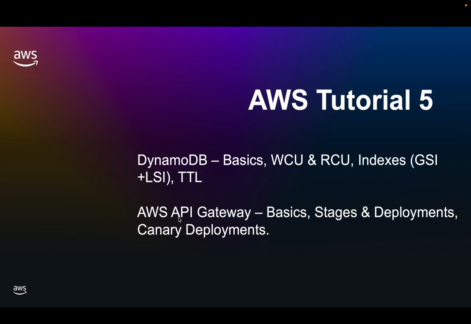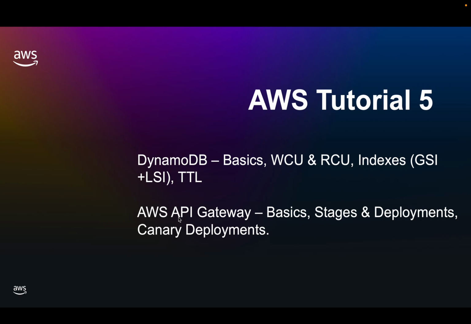So in this tutorial we are going to learn about DynamoDB and API Gateway in the AWS environment. Coming to DynamoDB, first we will go through all the basics of SQL databases and NoSQL databases, I mean relational databases and non-relational databases.